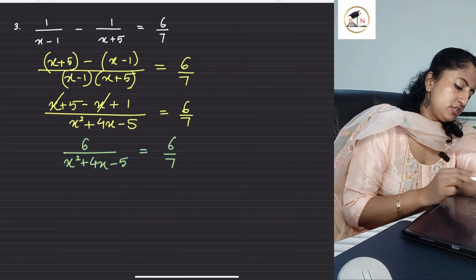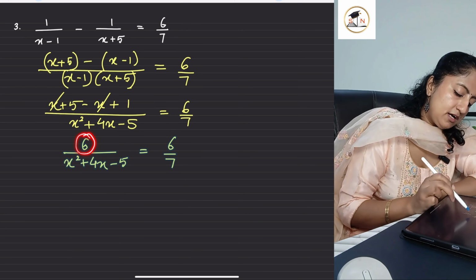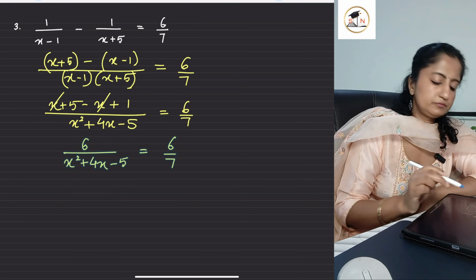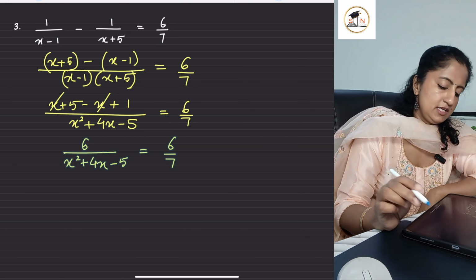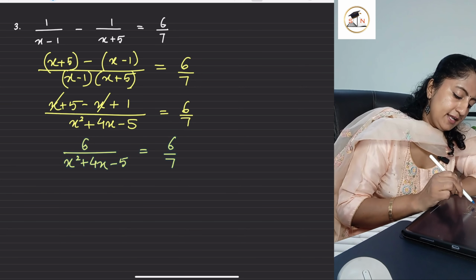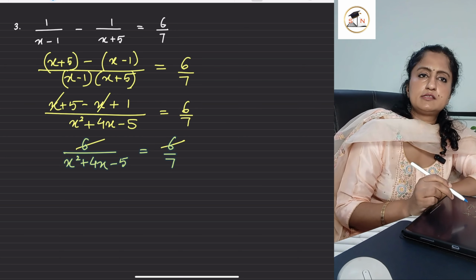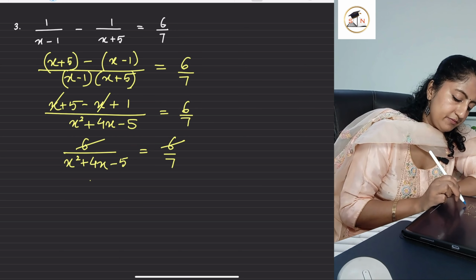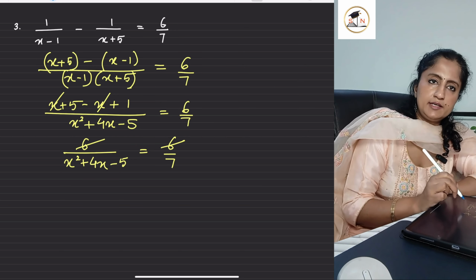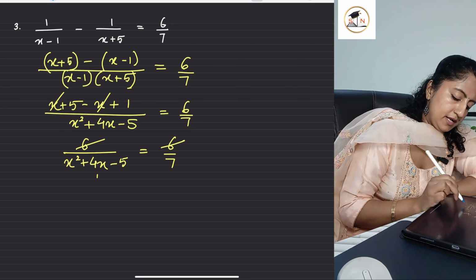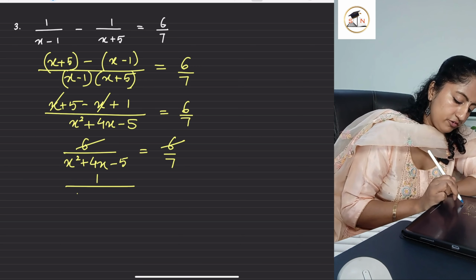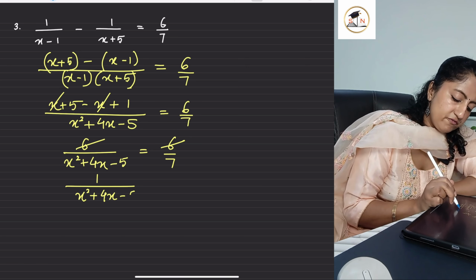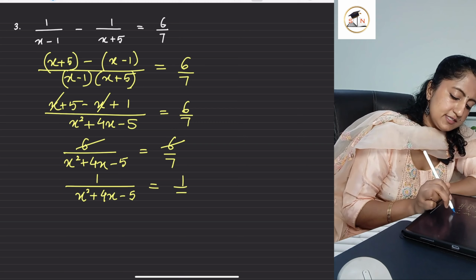Now, if you see over here, the numerators are absolutely same on both the sides. That means we can go ahead and cancel them like this, right? What are we left with? Although I don't need to write the next step that I'm writing, I'm doing it to make things clear for you. 1 over x squared plus 4x minus 5 equals 1/7.